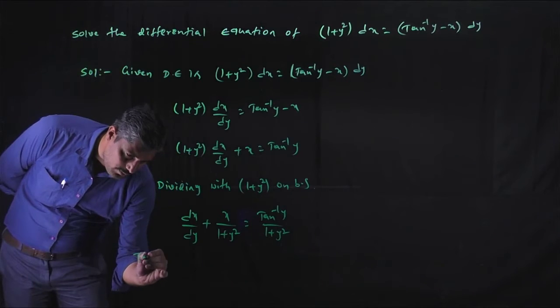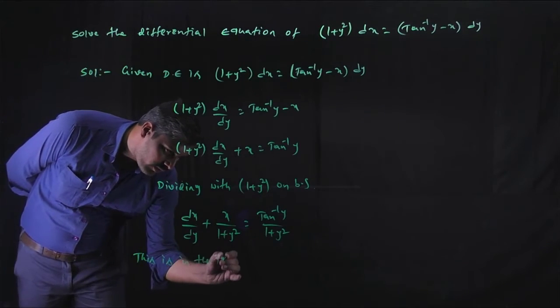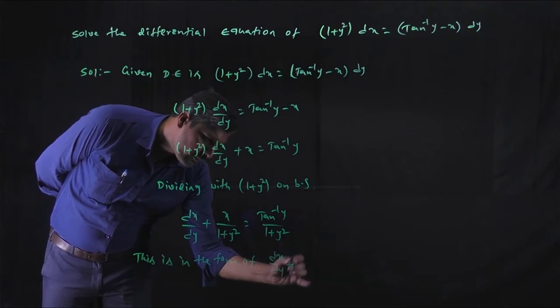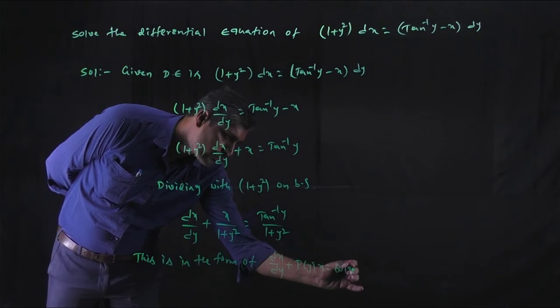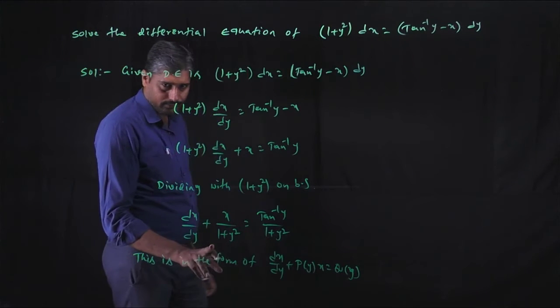Right? This is in the form of dx by dy plus p of y into x equals q of y. Here p of y and q of y are functions in y.